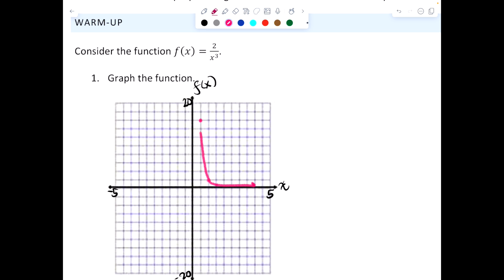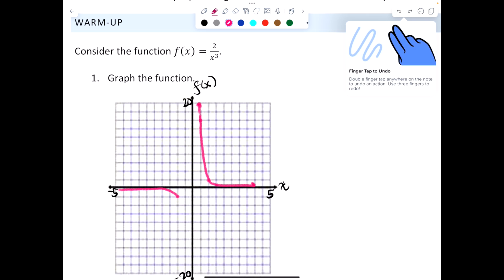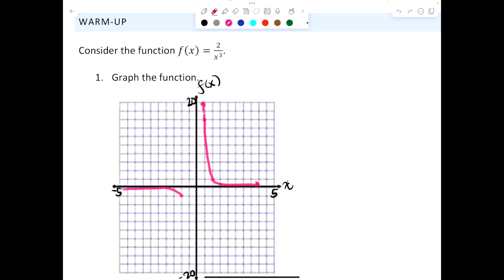And then you have all this going on, kind of like this. And then this graph will reflect on the other side. So again, it closes out real quickly. I'm going to graph my other point here.